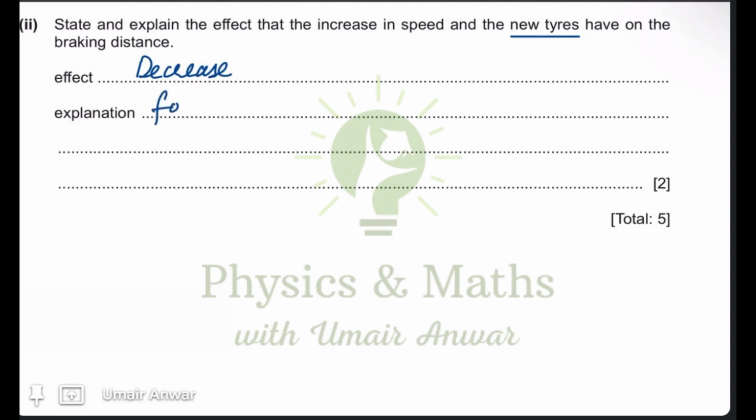So we would say that the force of friction would be larger. Old tires and smooth tires do not offer much resistance, and that is why the braking distance is larger in that case. But here we are going to experience a larger force of friction, which would decrease the braking distance here.